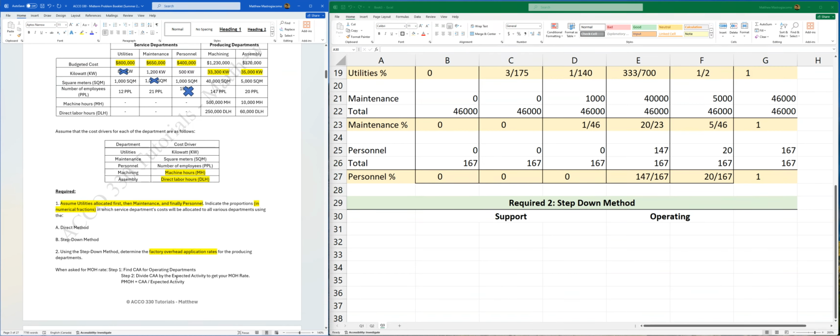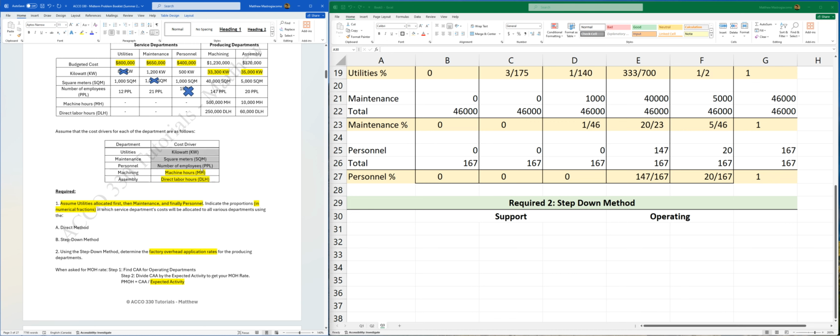Now for the expected activity, guys, they have to tell you how overhead is applied throughout this department. That's where the cost drivers are important. Normally we care about the cost drivers for the support departments because that's how we allocate costs. But when we want to find a rate for the production departments, we use the same logic as support.